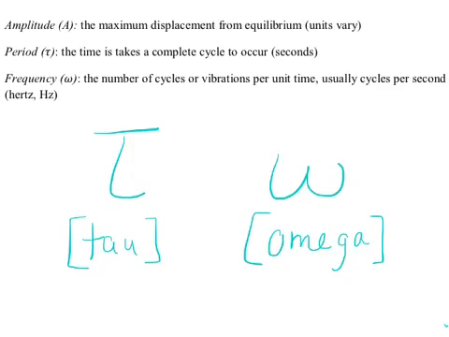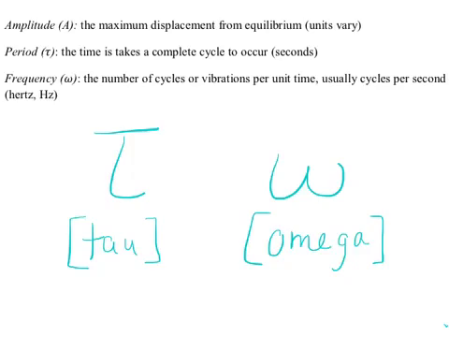So hertz really measures the number of cycles per unit time. For example, if the spring oscillated once in 1 second, it would be 1 hertz. If it oscillated twice in 1 second, it would be 2 hertz. 3 times in 1 second, it would be 3 hertz.